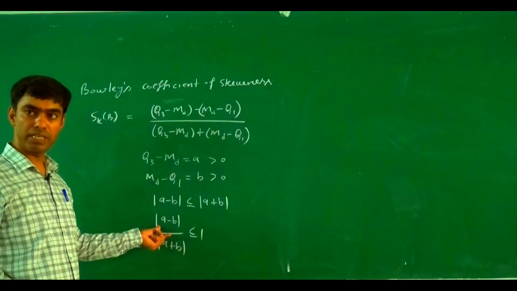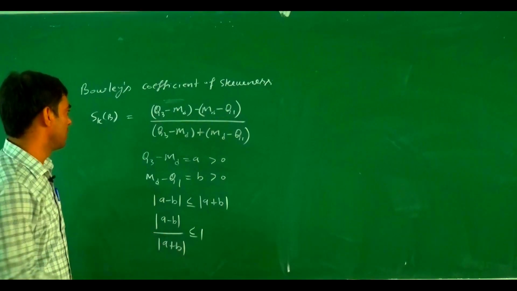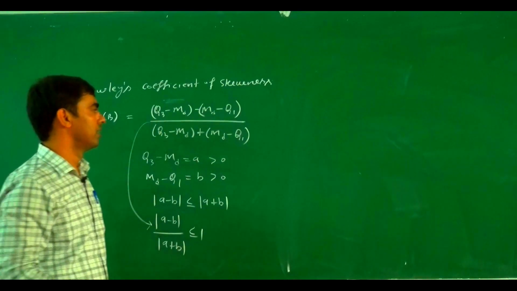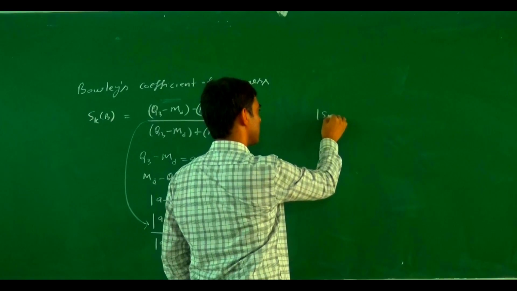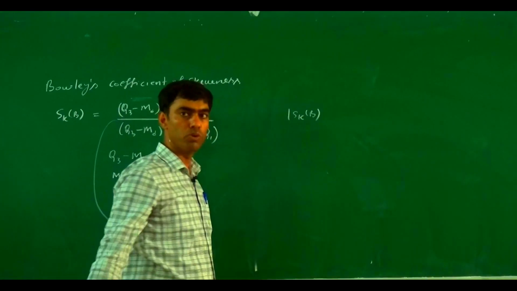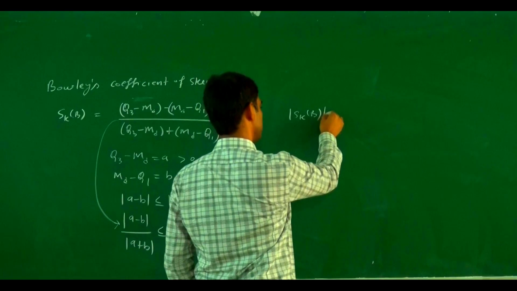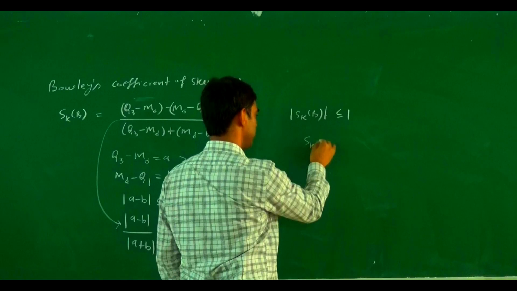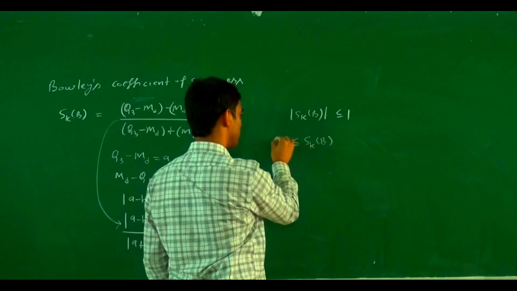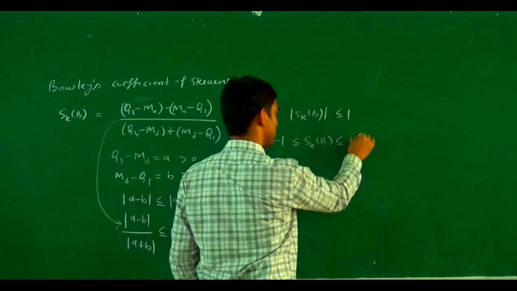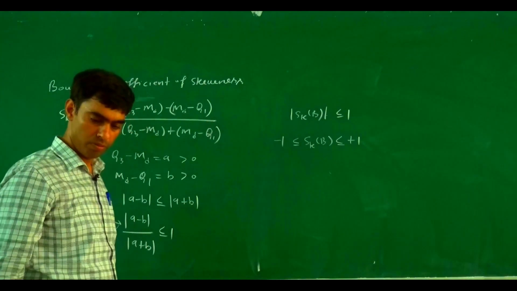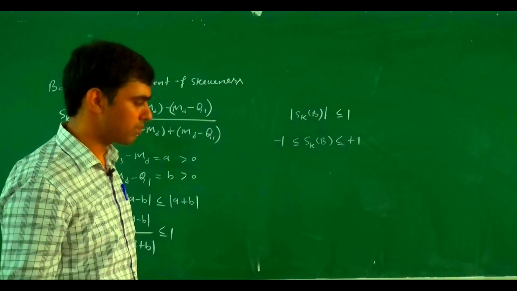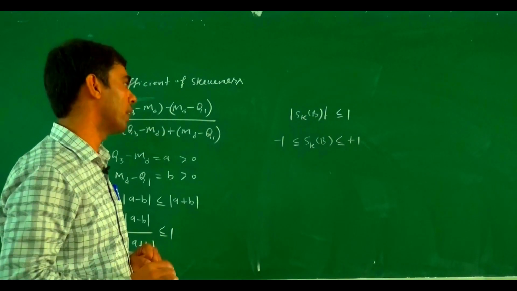We replace this one by SK, so mod of SKB, Bowley coefficient of skewness, is less than or equal to 1. So what is the value for SKB? SKB is greater than or equal to minus 1 and less than or equal to plus 1. So the Bowley coefficient of skewness lies between minus 1 and 1.